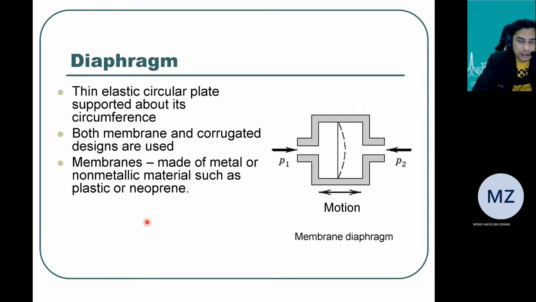If you use another type of non-metallic material, for example rubber, it can have a very sensitive measurement, but the range is a lot lower than if you use a metal membrane. The different types of pressure transducer can be used for either differential pressure or absolute pressure measurement.